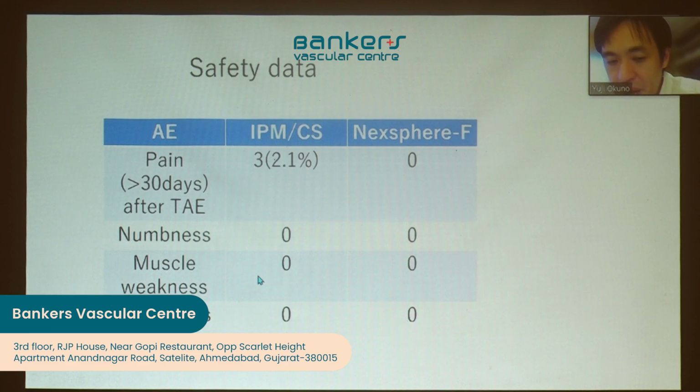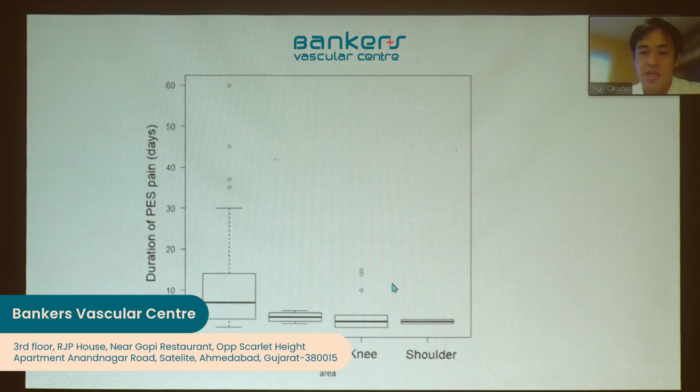Usually, the permanent microsphere has a 10% risk of numbness or muscle problems, sometimes cutaneous skin damage and strong pain, but EE and NXPRF are both very safe, with low risk of pain after embolization, and no risk of numbness, skin damage, or muscle weakness.